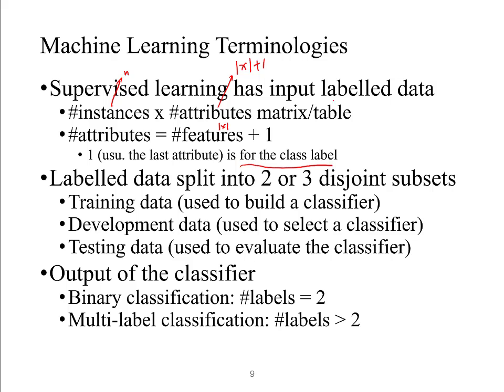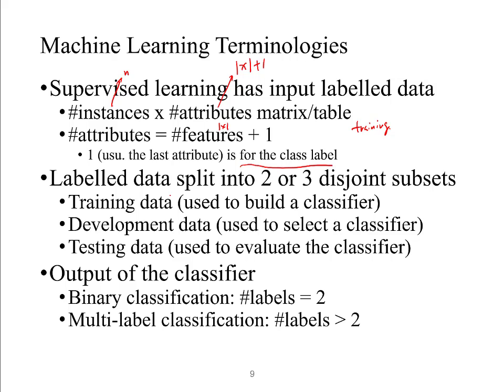Because this is the input labeled data, also known as the training data, it has the class label with it. That's why it is called supervised. You can use this labeled data to help you. It's more like the sample solution; you can use it to help you train your model.